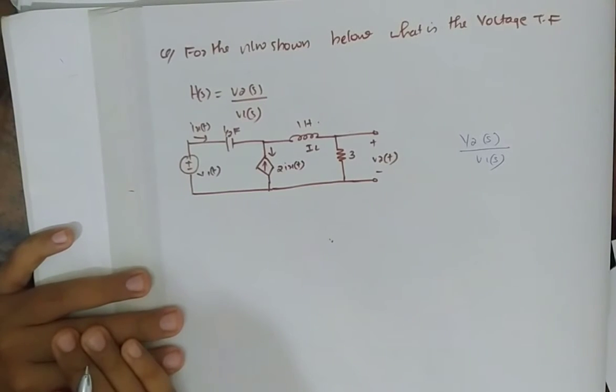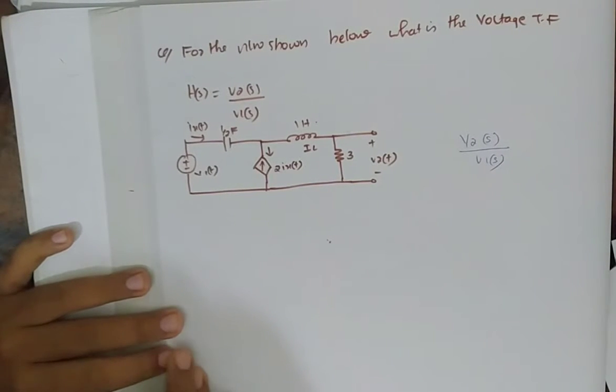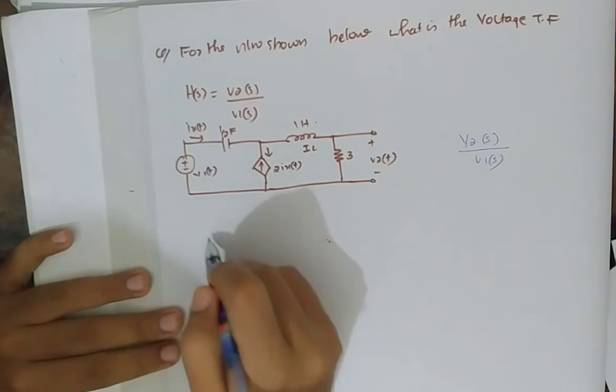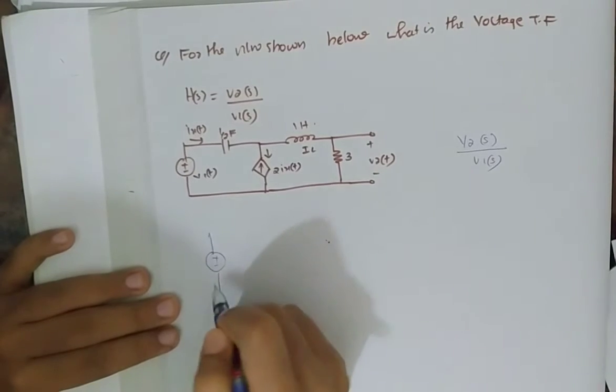voltage transfer function means V2 of S divided by V1 of S. I will redraw the circuit and then we will write it in Laplace transform terms. Okay, so this is a circuit.